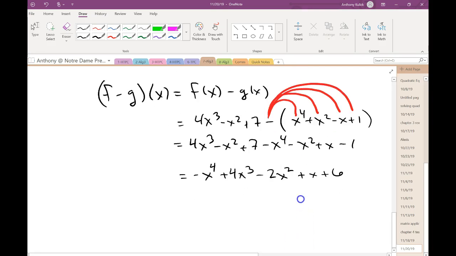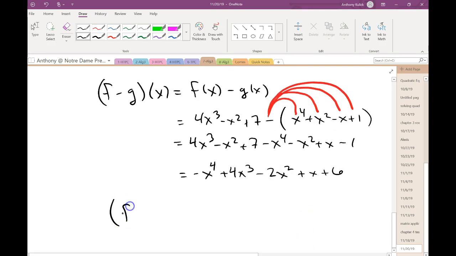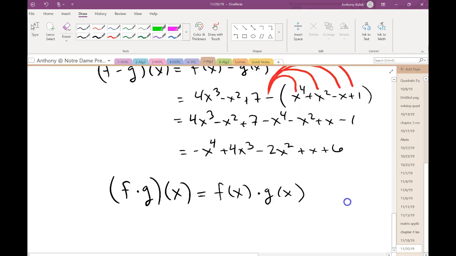What if I wanted to multiply them? If I wanted to do f times g of x. Well, surprise, surprise, it's going to be the same thing as f of x times g of x.